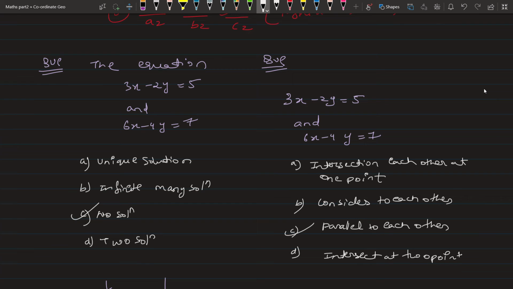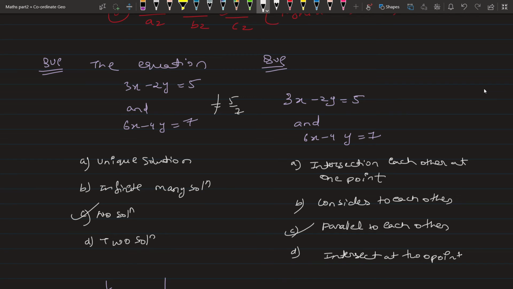Here also we can find, if they have given the equations, that line 1 is 3x minus 2y equals 5 and line 2 is 6x minus 4y equals 7. To find if the lines have one intersection, no intersection or infinite intersection points, we will do 3 upon 6 is 1 by 2, 2 upon 4 is 1 by 2, and 5 upon 7 is 5 upon 7 only.